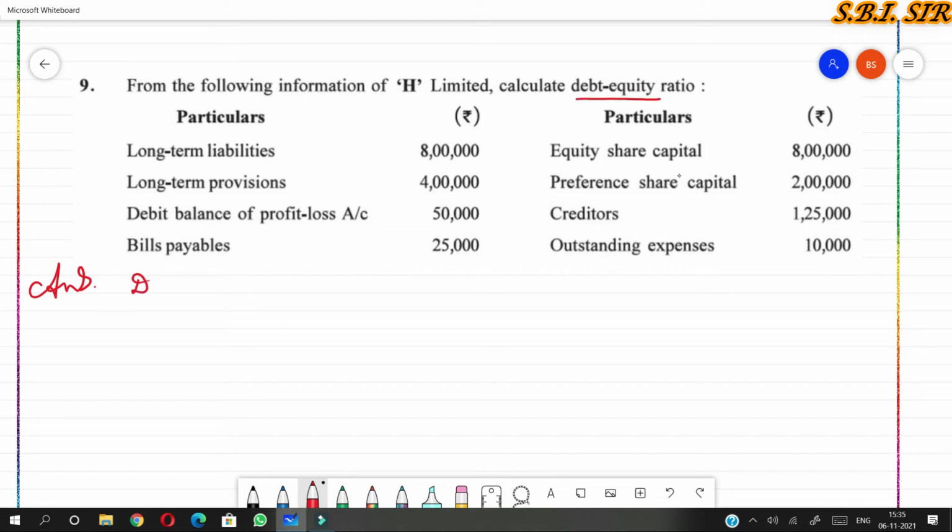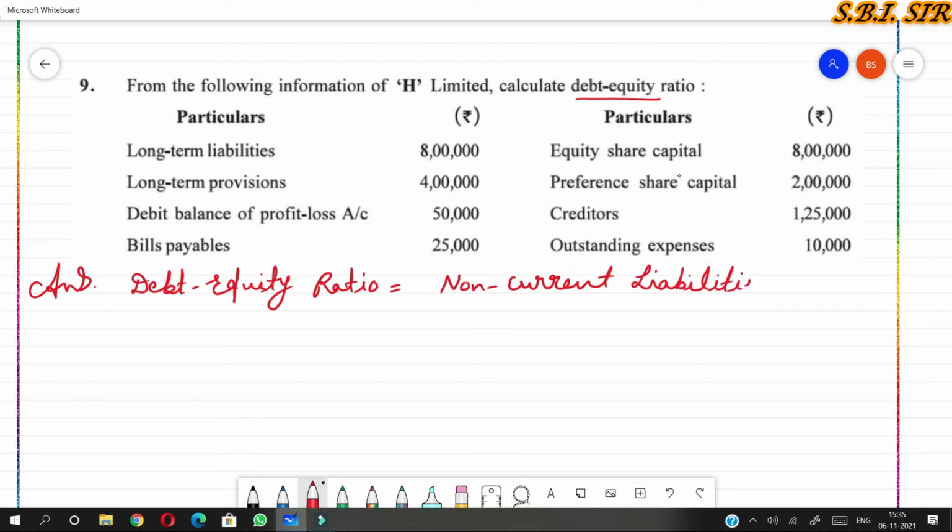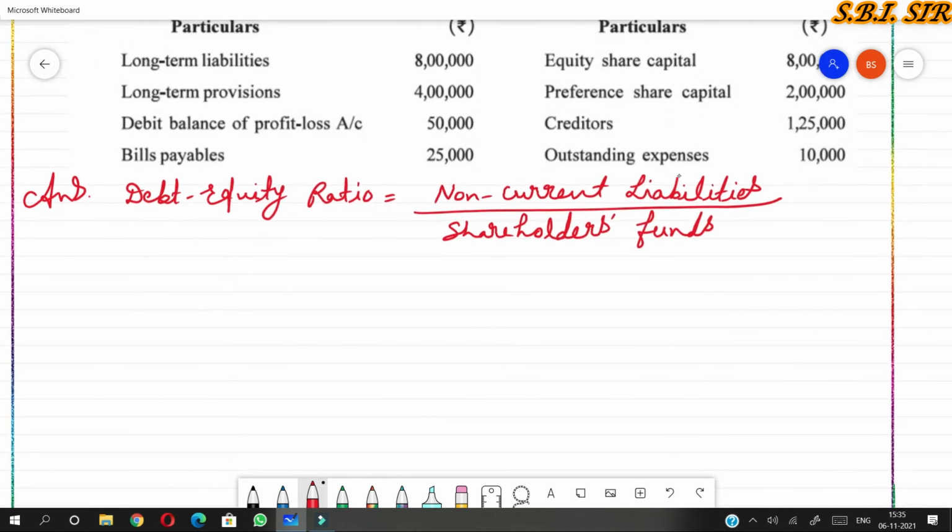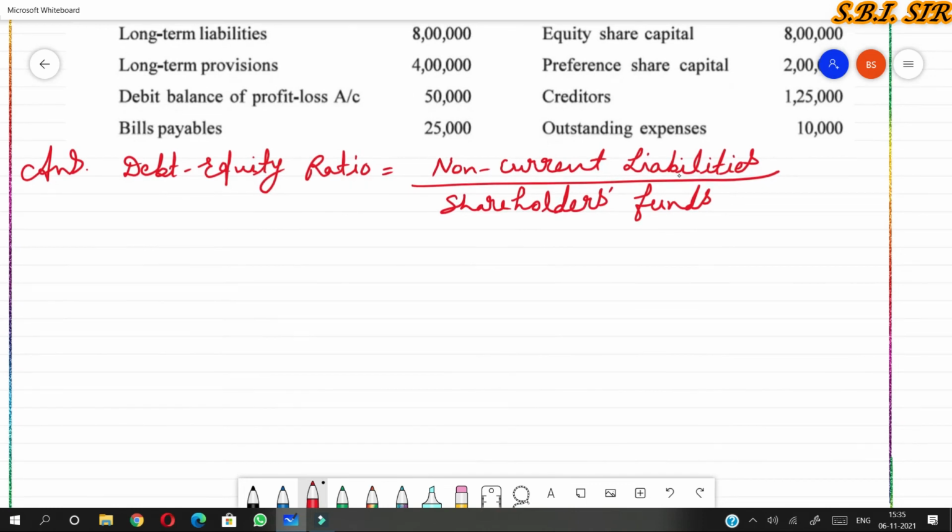The formula for debt equity ratio equals non-current liabilities divided by shareholders funds. So we have to find out non-current liabilities.